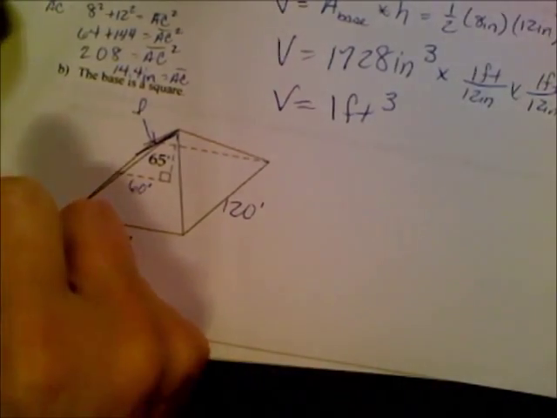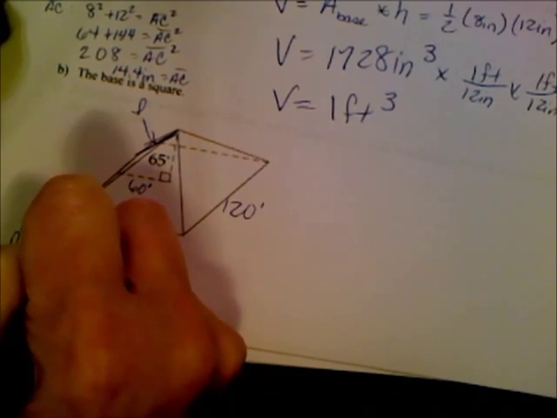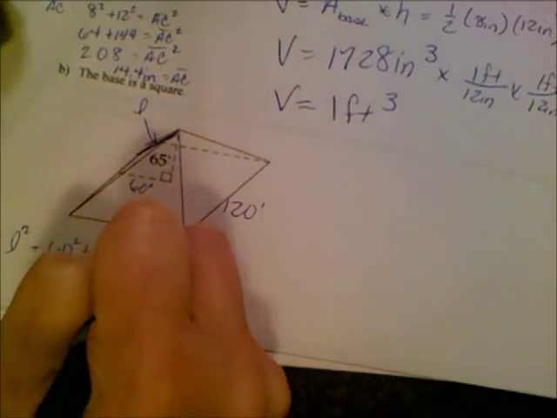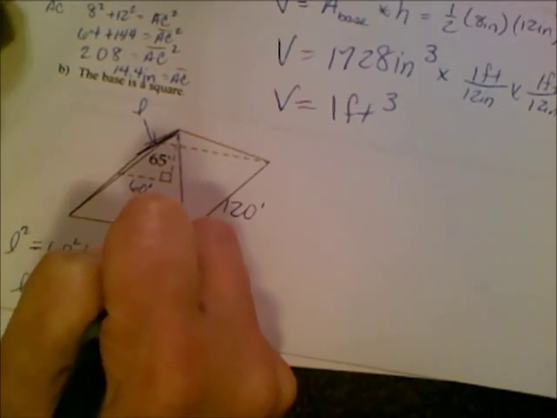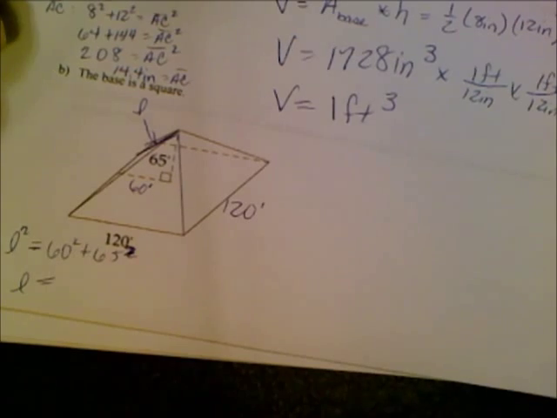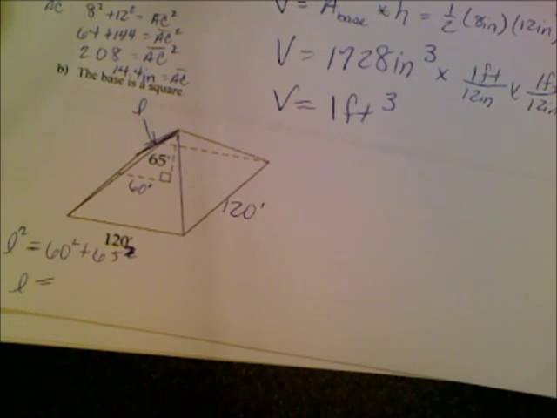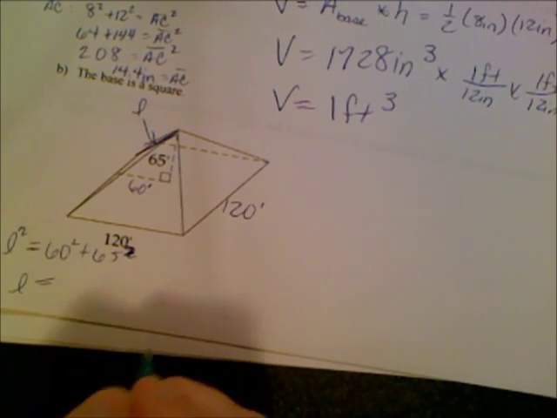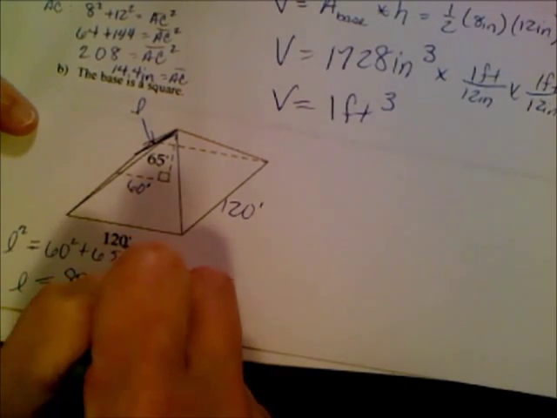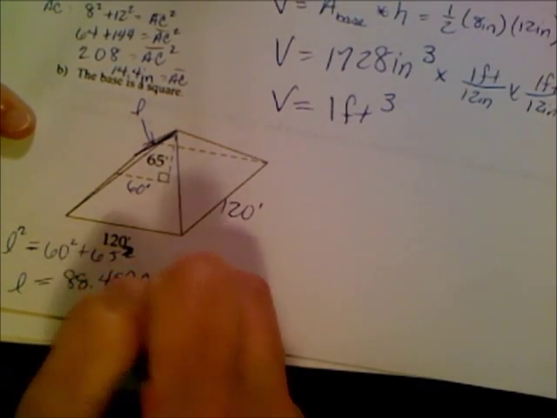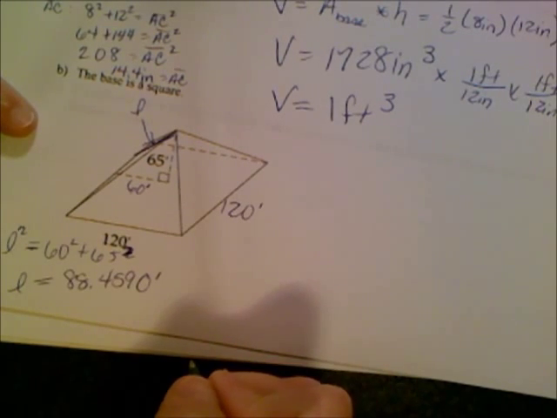So L squared equals 60 squared plus 65 squared. By doing that, I come up with L equals 88.4590 feet. Okay?